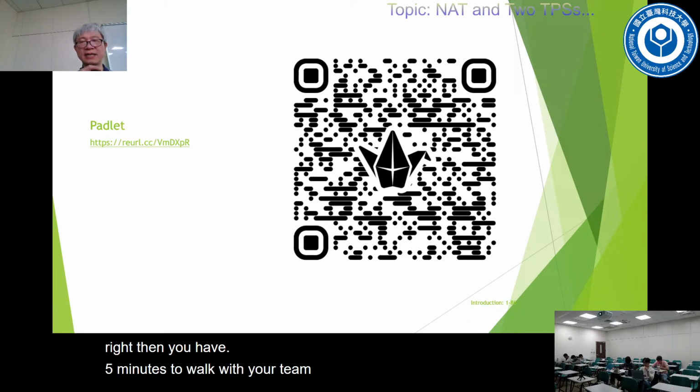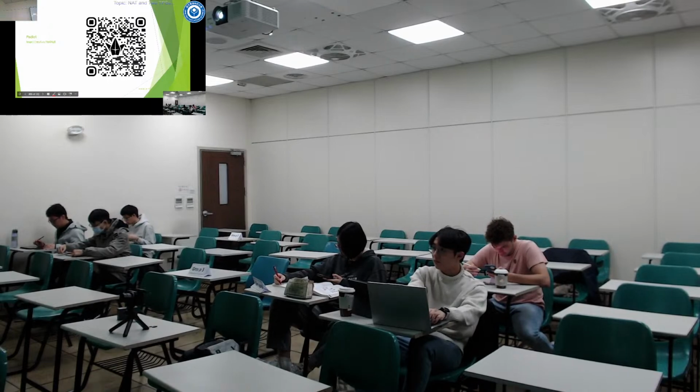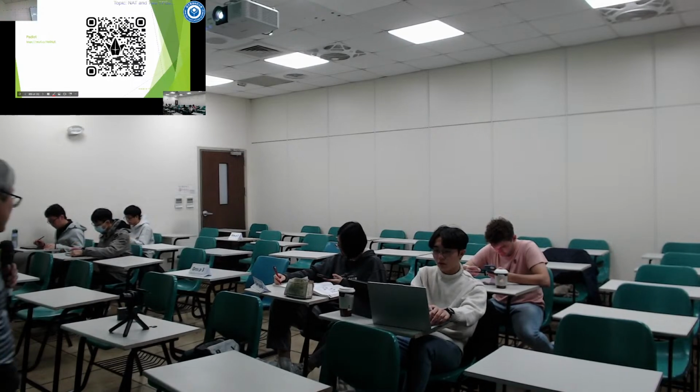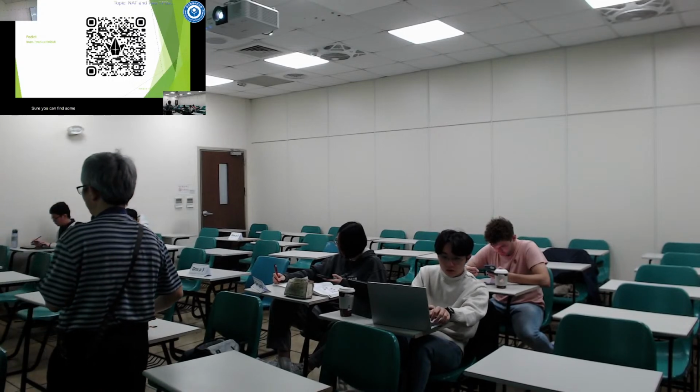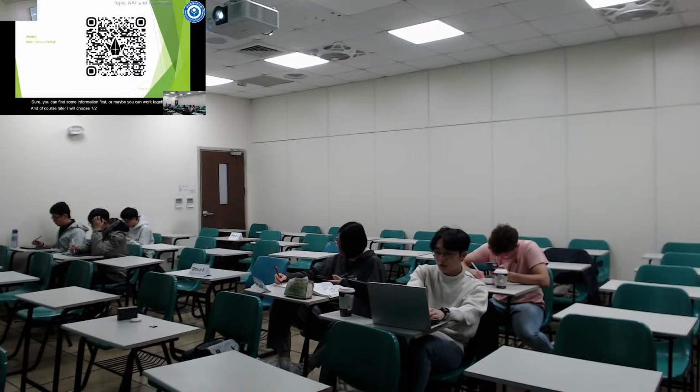Okay, so let's go. Sure, you can find some information first, or maybe you can work together. And of course, later I will choose one member to share your idea, or maybe finally you solve it. That's good.